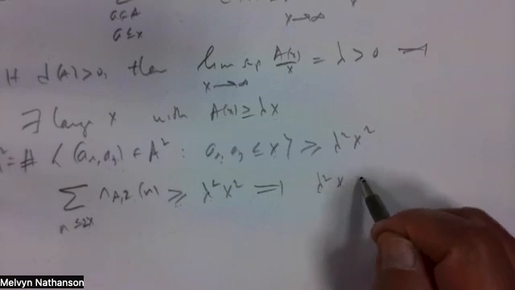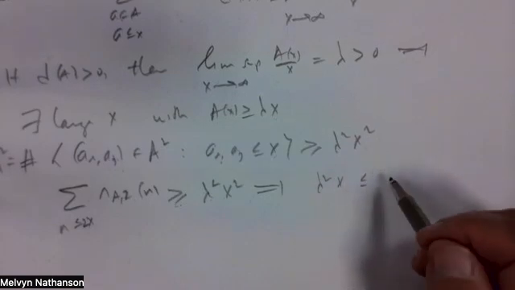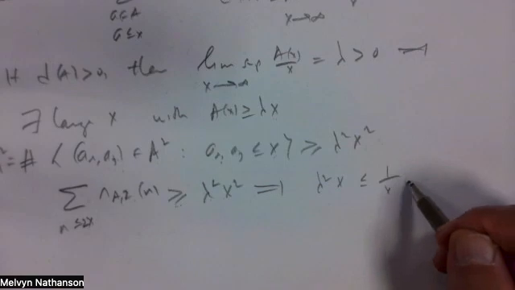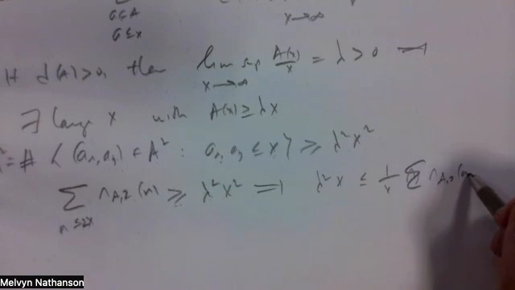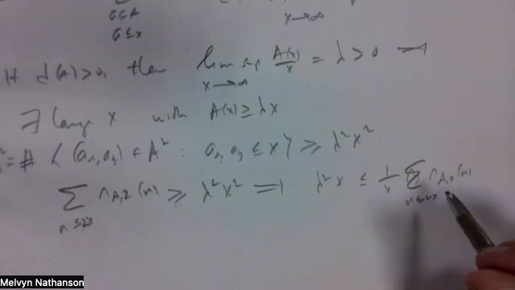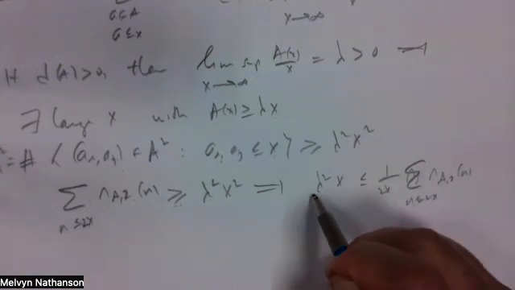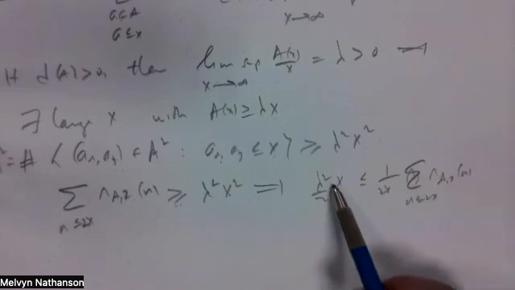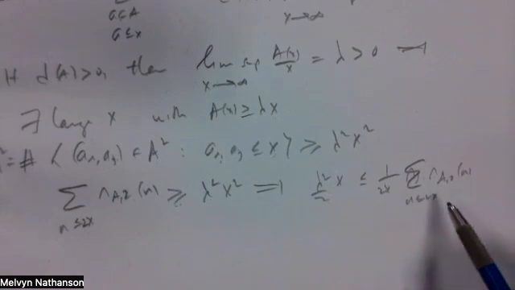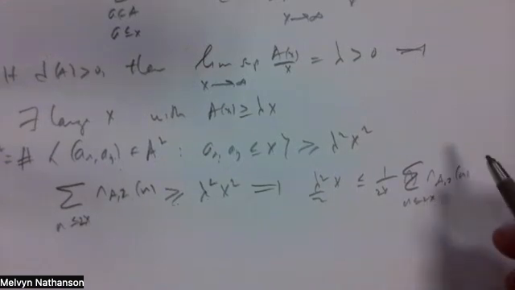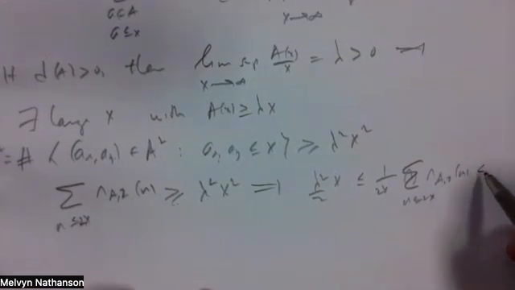So lambda squared X squared is less than or equal to the sum of R sub A2 of N, N less than or equal to 2X. Let me divide this by 2X. And so lambda squared X over 2 is less than or equal to what? The average number of representations. But if the representation function is bounded above by C, this is less than or equal to C, right?